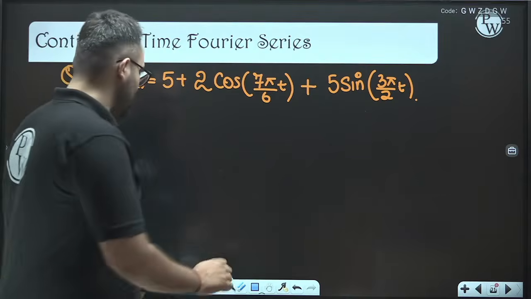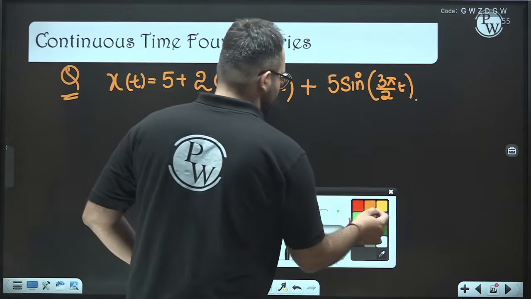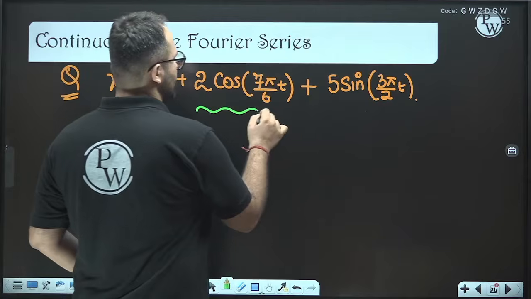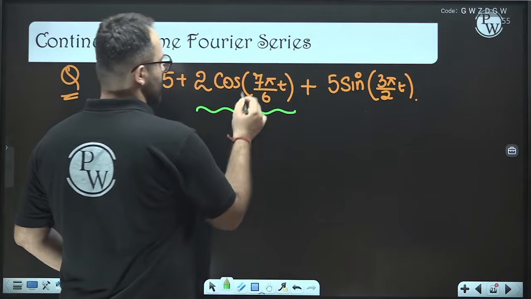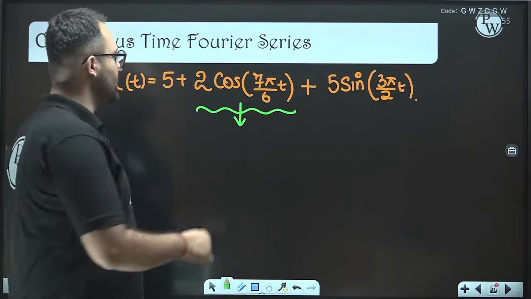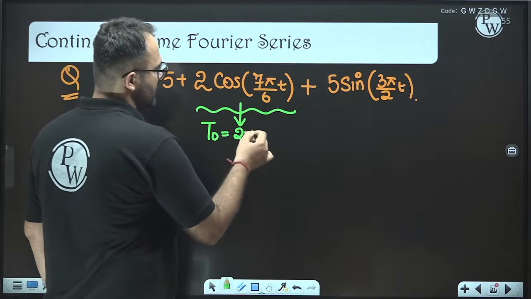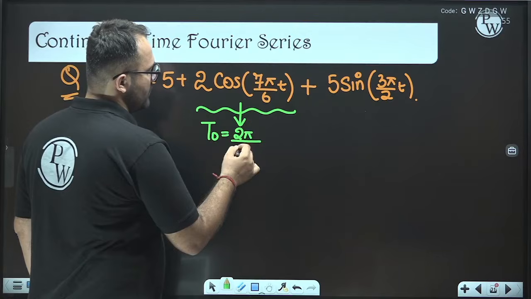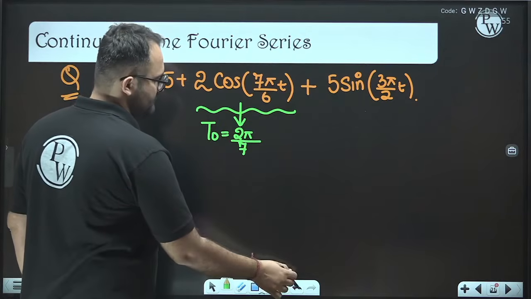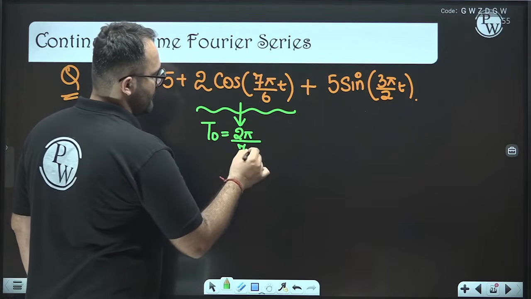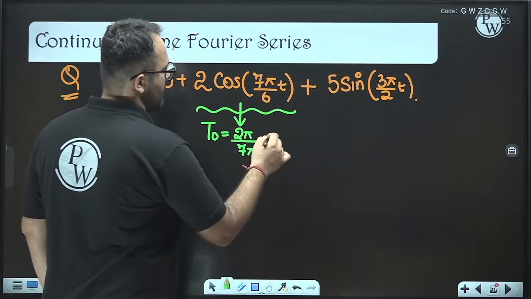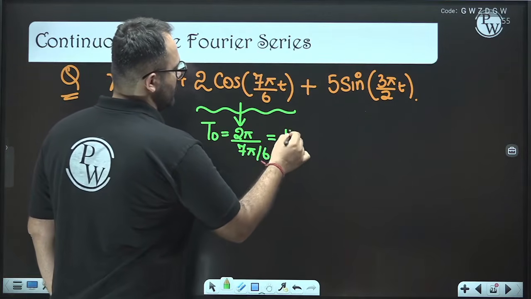Okay. Now, the second term and the third term. What is the period of the second term? Okay. So period is 2 pi by omega, which is 2 pi by 7 pi by 6. So this will come out to be 12 by 7.